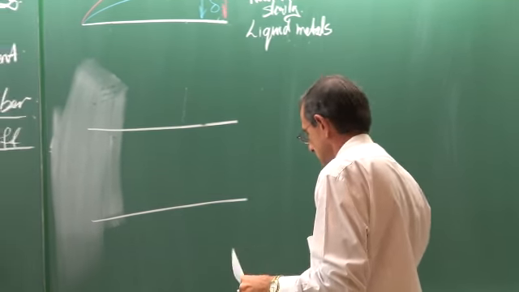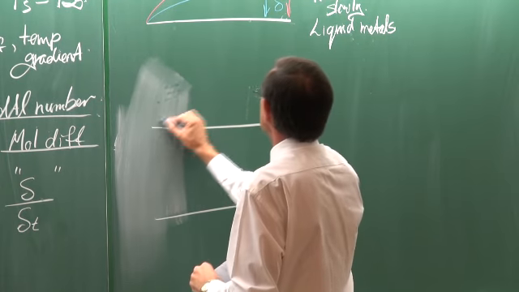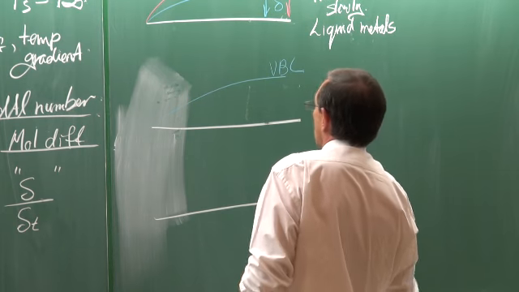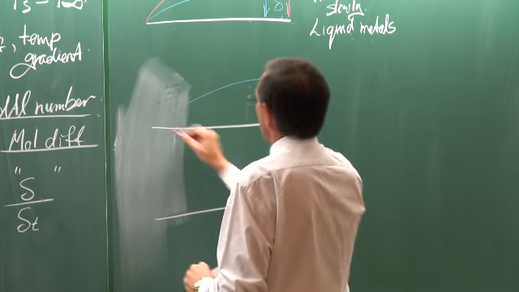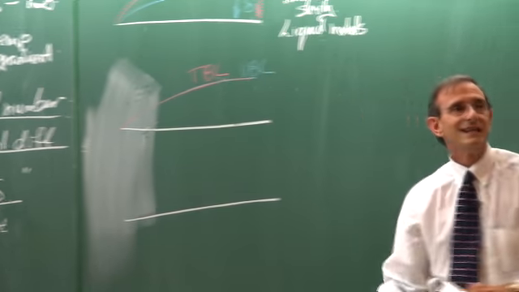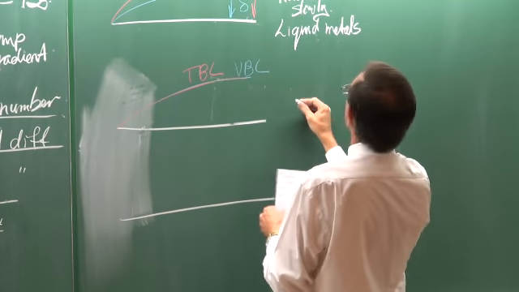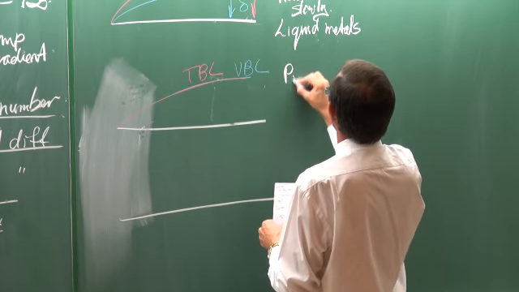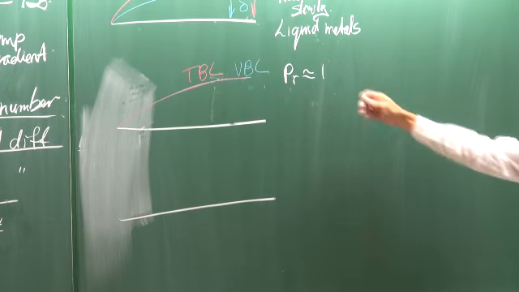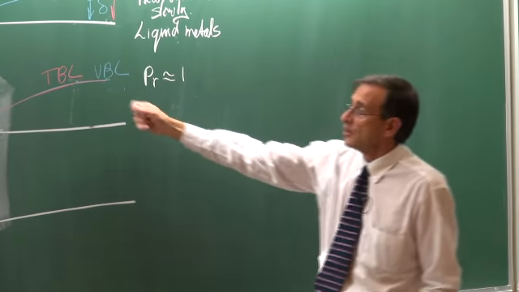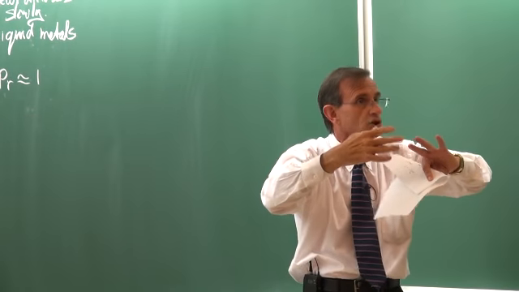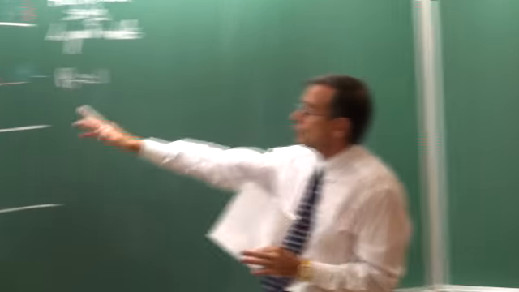Now the second possibility is that the velocity boundary layer and the thermal boundary layer would be approximately the same. That would mean it is the case of Prandtl numbers approximately equal to 1. Although I've drawn them on top of each other, they are in the same order of magnitude.